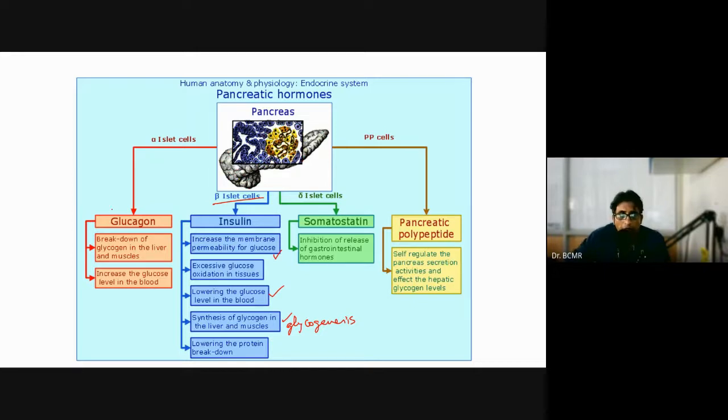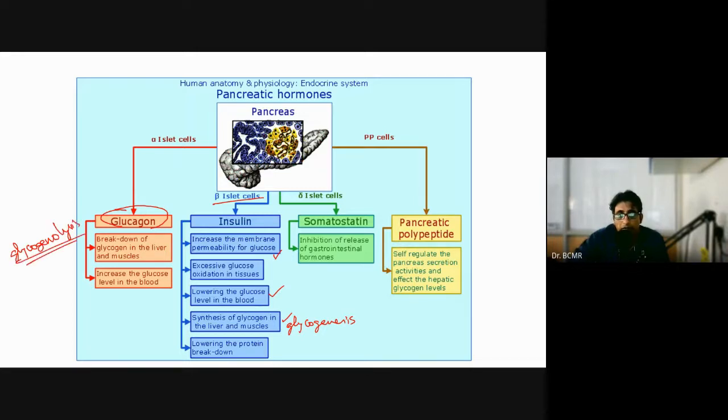Glucagon, on the other hand, is more the reverse of insulin. Anytime blood glucose levels have fallen beyond a certain point, or there is an excess need for blood glucose to supply the rest of the body, glucagon has a function. Glucagon undertakes glycogenolysis.